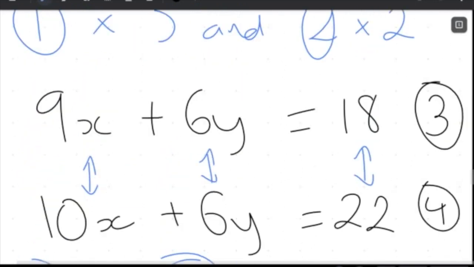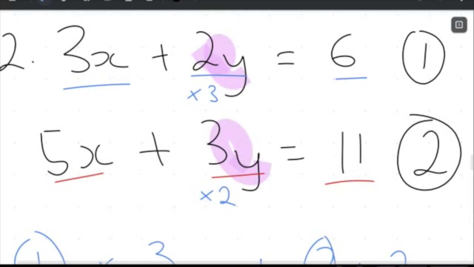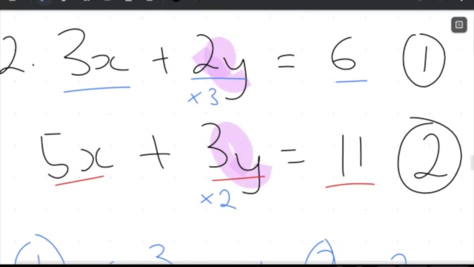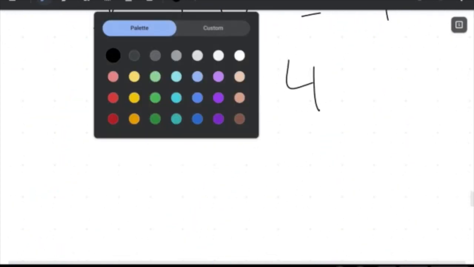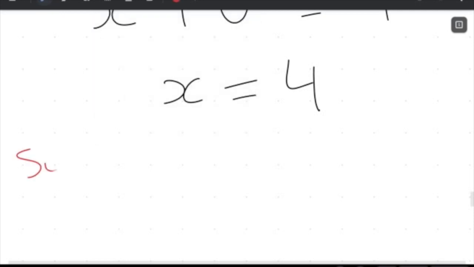And now we just want to substitute this back into one of my 2 equations at the start. So I can just substitute it into 1. So what we're going to do is sub x equals 4 into equation 1.